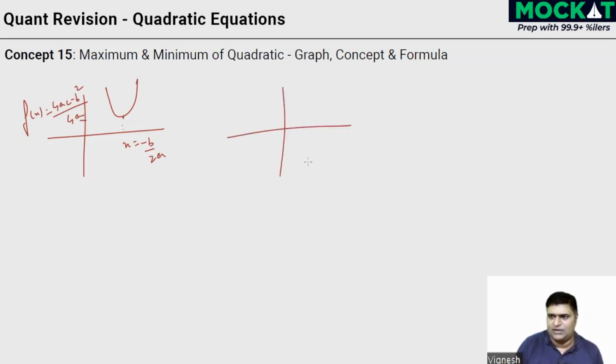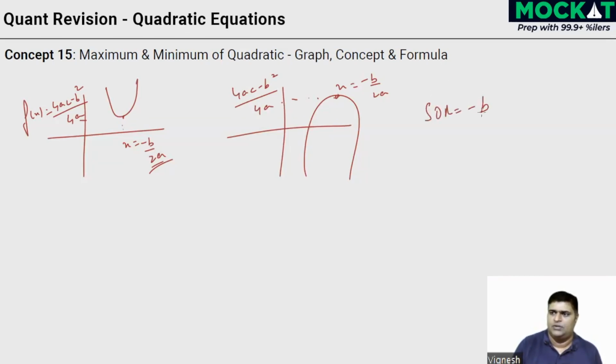It's the same when it comes to the inverted U shape as well. The maximum point is going to be at x equals minus b by 2a, and the output at that point is going to be 4ac minus b square whole divided by 4a. Now, what is the formula for sum of roots? It's nothing but minus b by a. Why is the sum of roots minus b by a?